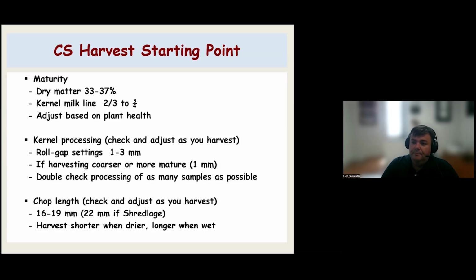And obviously, it has to be adjusted based on plant health, right? For kernel processing, the goal is to have a very tight processor because you want to make sure you break those kernels. Obviously, there is variation from harvester to harvester, types of processor, theoretical length of cut, and so on. Okay, but this is a good way of starting.